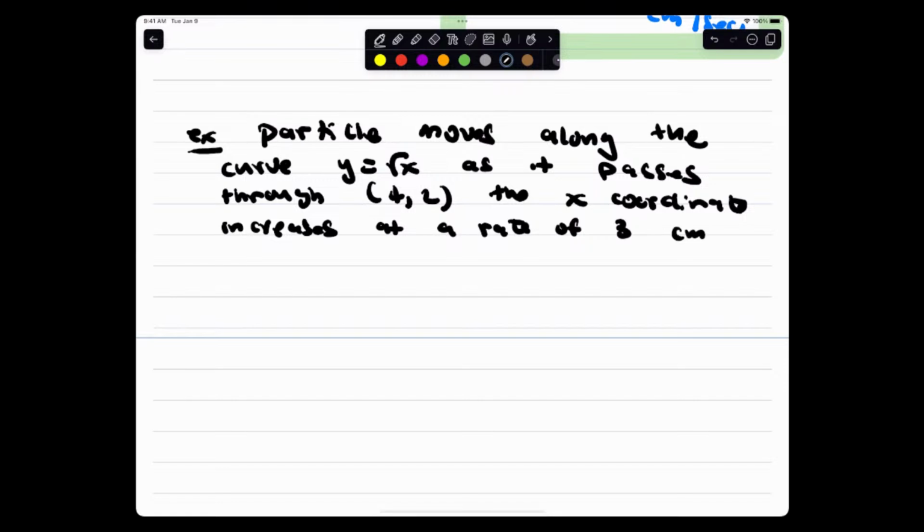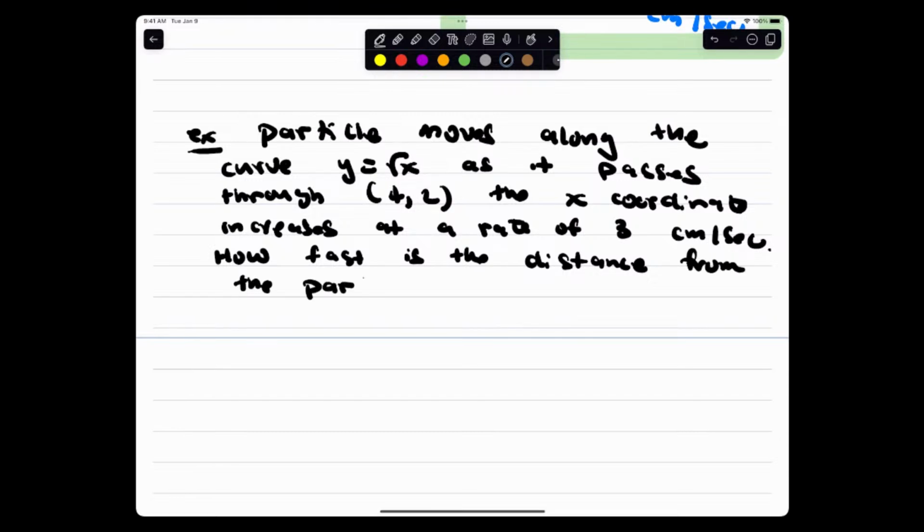Okay. Now here's the question here. It's a different question here. How fast is the distance from the particle to the origin changing?